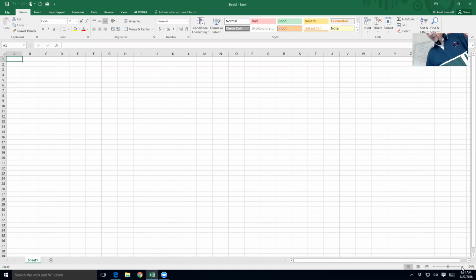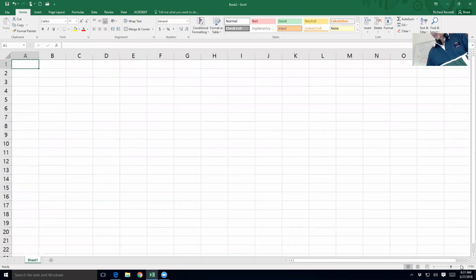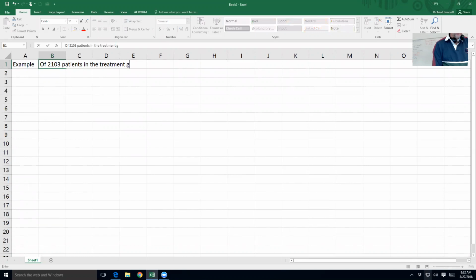So here's my example. Of 2103 patients in the treatment group, 547 had headaches as a side effect.